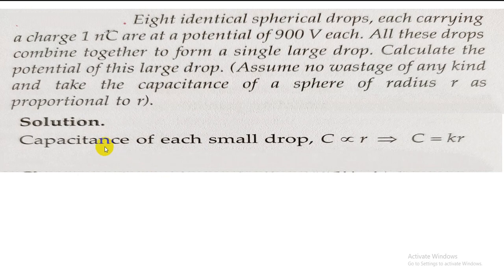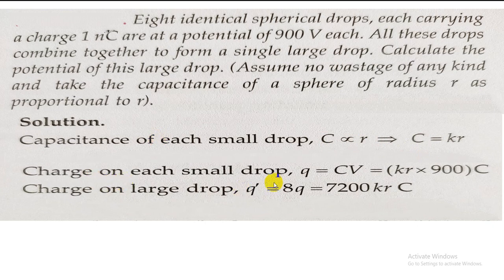Now we know that the capacitance of a spherical drop is 4 pi epsilon naught r. When the capacitance is 4 pi epsilon naught r, that means it is directly proportional to the radius. We can write it in this form, where k is the constant, 4 pi epsilon naught.